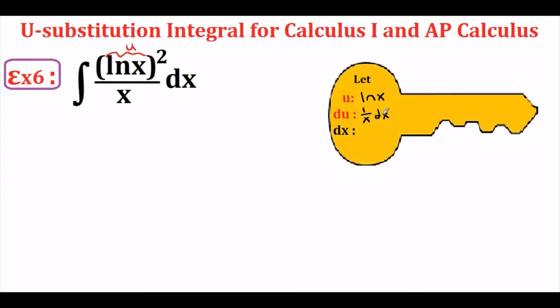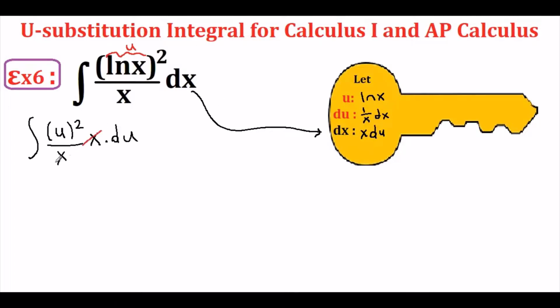And if you solve for dx here, by multiplying both sides by x, you obtain x du. Now let's rewrite everything in terms of u. We have u to the 2nd power over x, and instead of dx, we're going to write x du. Here x is cancelled out because 1 is on the numerator, 1 is on the denominator. Now we have u to the 2nd power du.